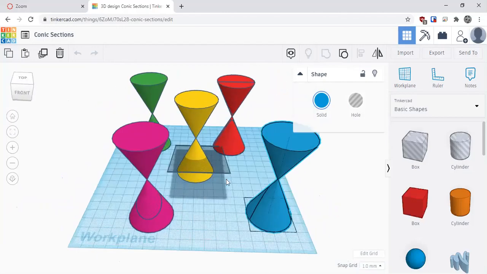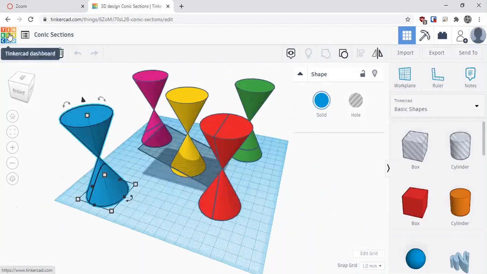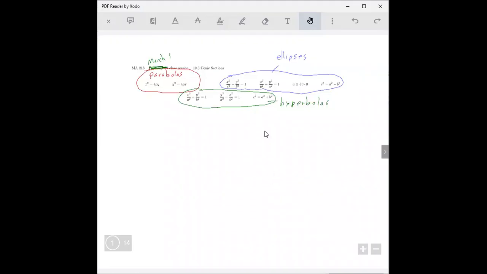Okay, so that's kind of where the conic sections come from. Okay. So let's go back to the conic sections. These are different formulas that I use. Now, for the parabola, what parabolas are. What I just showed you with the cones and everything is not really necessary.